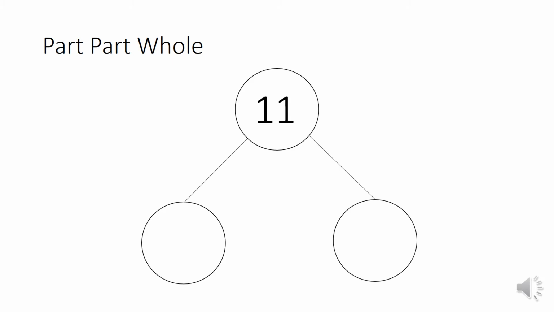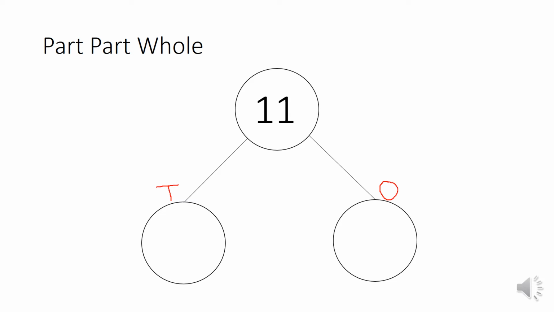And in this circle here at the bottom, I'm going to draw my tens, so my chips. And in this circle over here, I'm going to draw my ones, so my peas. So just to help us remember, I'm going to do my T for my tens and my O for my ones.